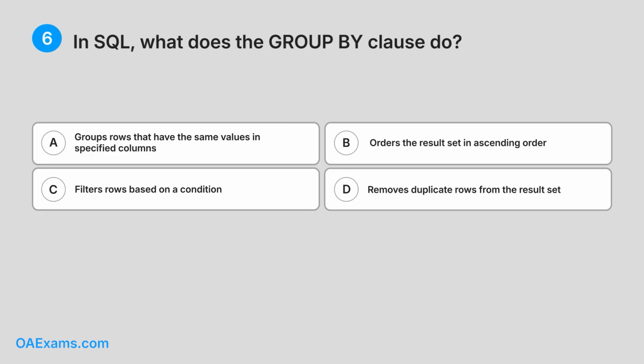6. In SQL, what does the group by clause do? A. Groups rows that have the same values in specified columns. B. Orders the result set in ascending order. C. Filters rows based on a condition. D. Removes duplicate rows from the result set. What do you think is the answer?